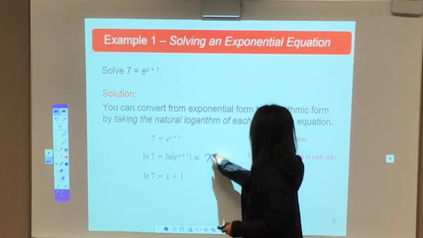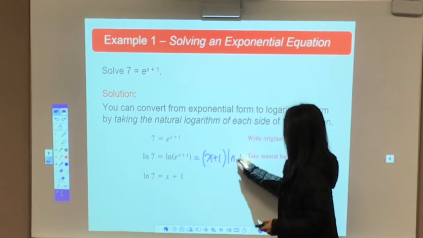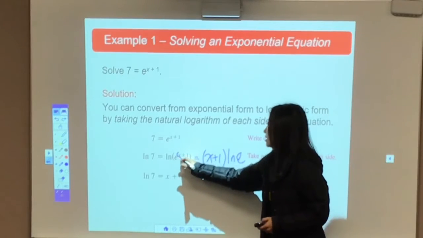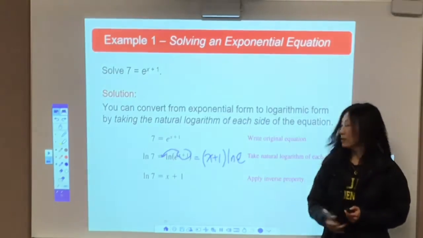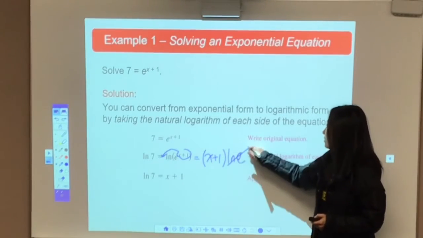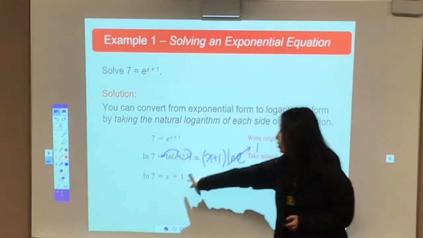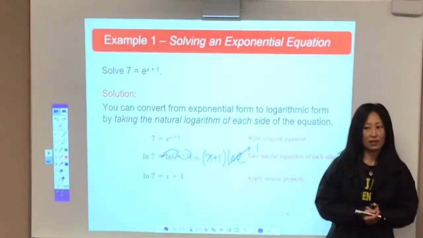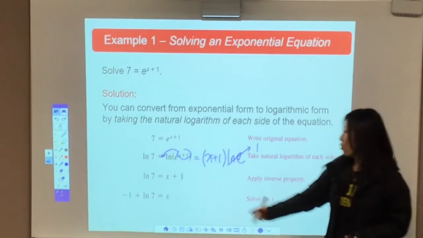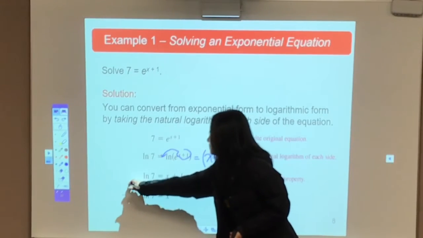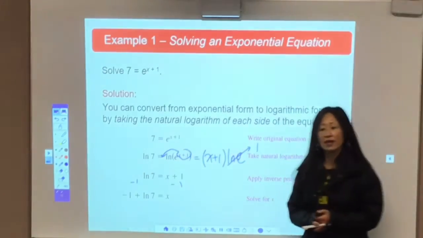I'll have x plus 1, and then natural log e. Is everybody with me? You can bring that in the front, right? Then you know natural log e is the same as 1. That is why you only have x plus 1. You're looking for x, so you subtract 1 from here. So x is equal to negative 1 plus natural log of 7.